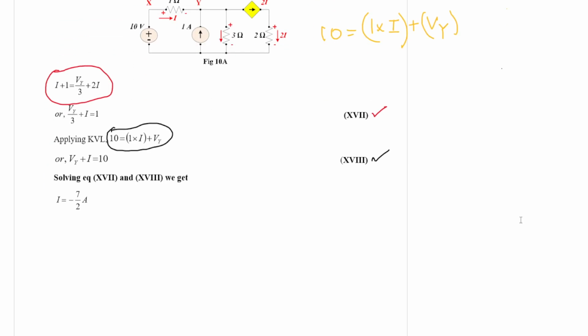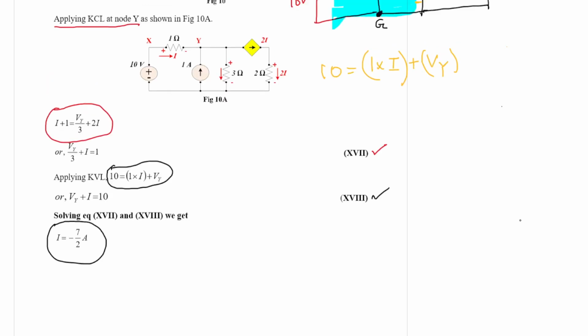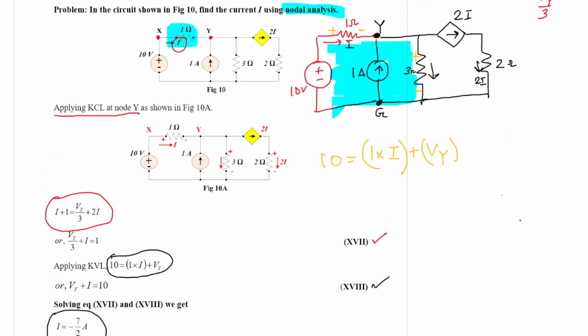Now if you solve equations 17 and 18, you will get I is equal to minus 7 by 2.